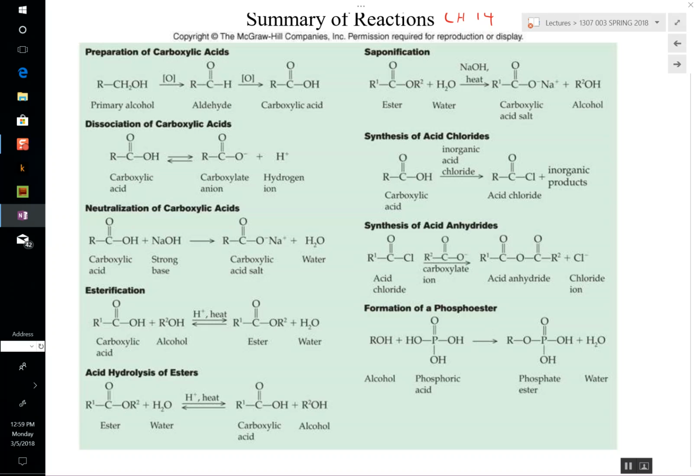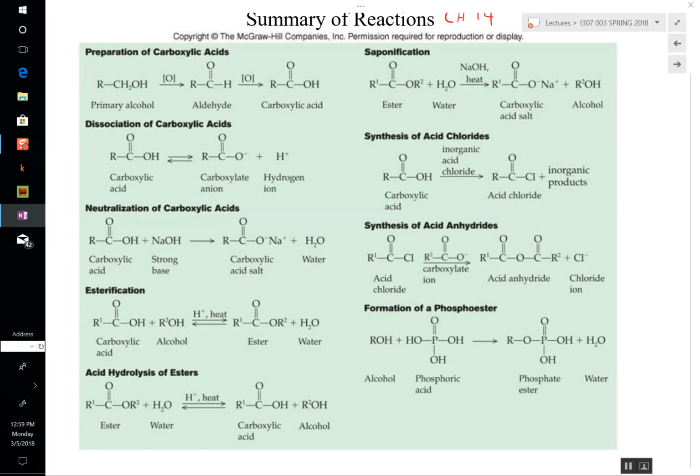This is an ionic compound. That's appropriate. But esters are not ionic compounds. This isn't an O minus R plus group right here. This is a covalent molecular compound. It doesn't just dissociate in water.